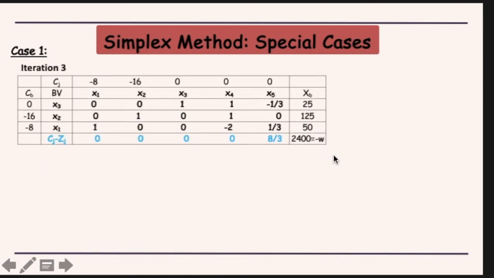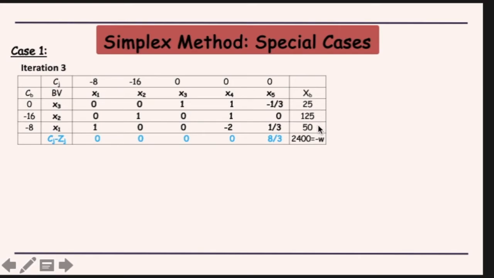Now in the third iteration we notice here that all the Cj minus Zj's are greater than or equal to 0. So that indicates optimality because it is a minimization problem, and accordingly we need to stop here and find the solution. Now in case if we see the basic feasible solution corresponding to the tableau in this third iteration, we would notice that the value of x1 is 50, x2 is 125 and x3 is 25.